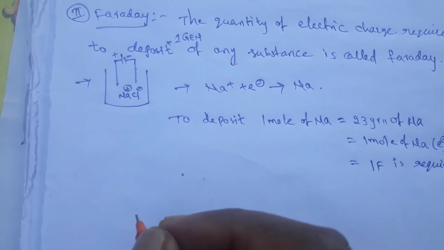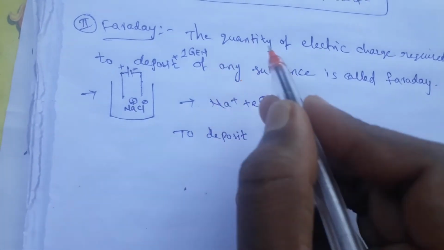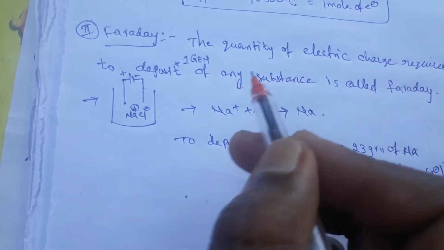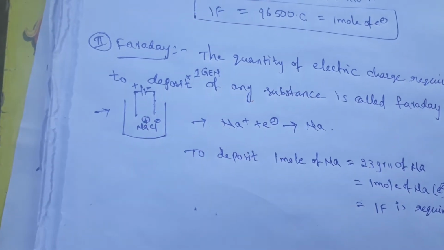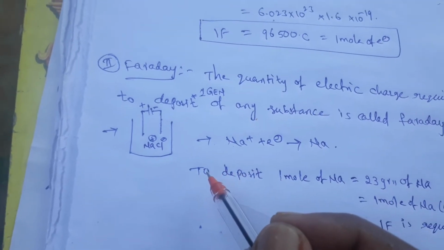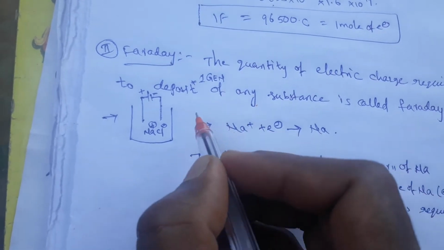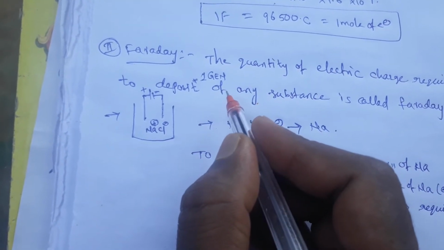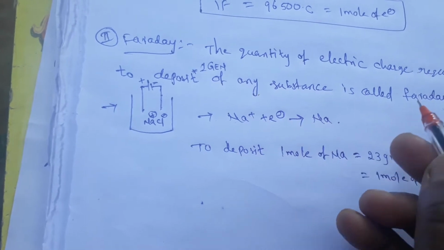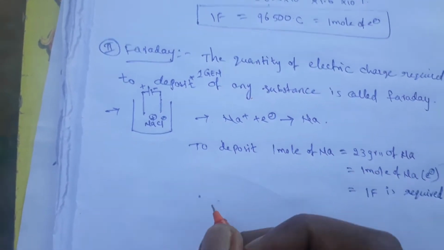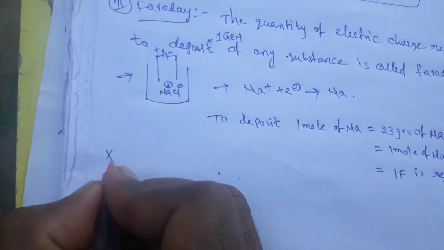So this is the meaning of the Faraday: the quantity of electric charge required to deposit 1 gram equivalent number of any substance is called Faraday.